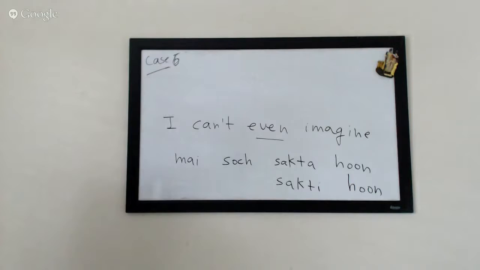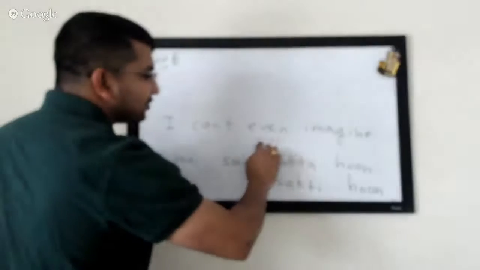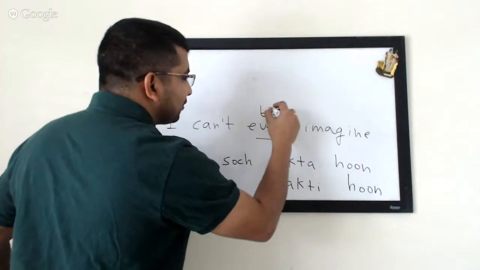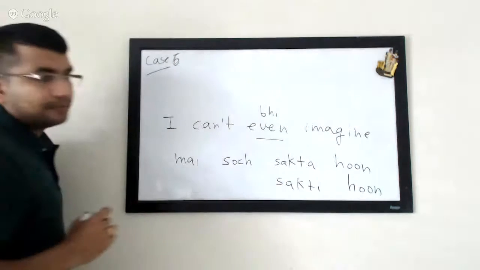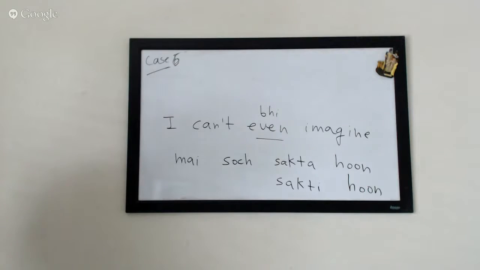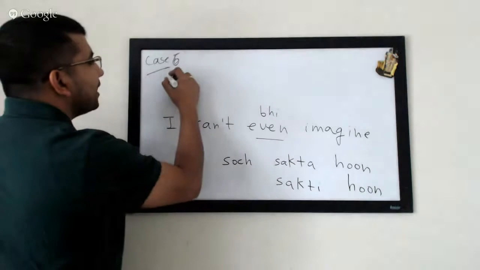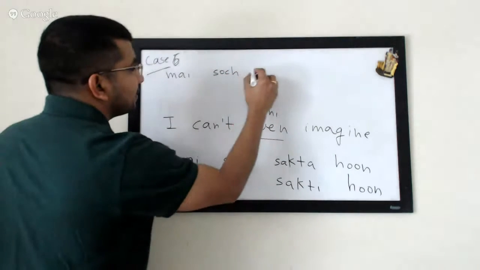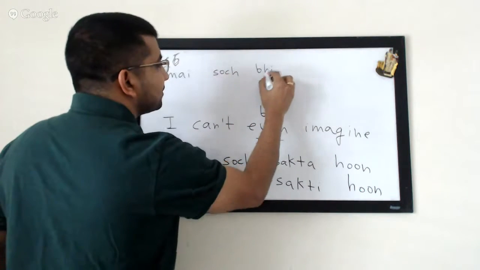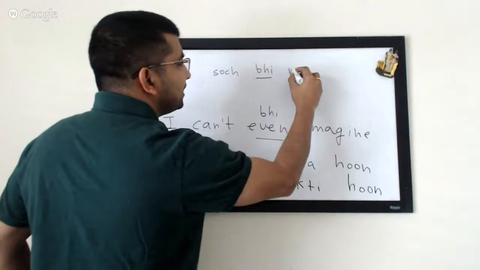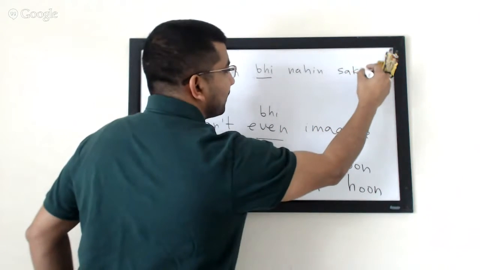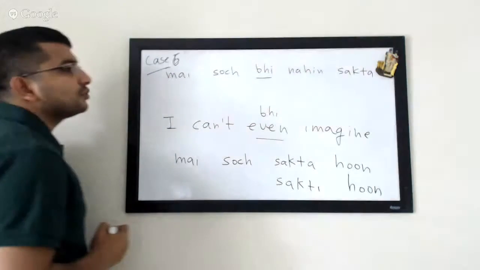Okay, and when you say even, I can't even imagine, you're emphasizing it, right? So you will use a keyword called भी. Right? So you will say मैं सोच भी नहीं सकता. मैं सोच भी नहीं सकता.